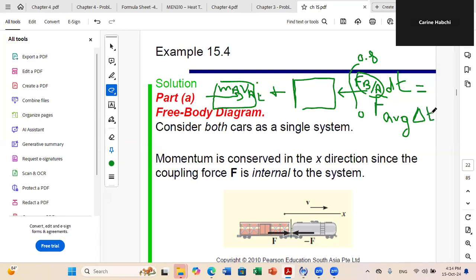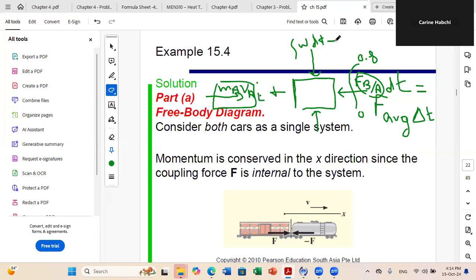Of course, I have other forces, but in Y direction, you can present them. You have the weight and you have the normal, but they are non-impulsive. You have integral W dt. You can consider them because you know the time. Since you know the time of application, you can consider them.